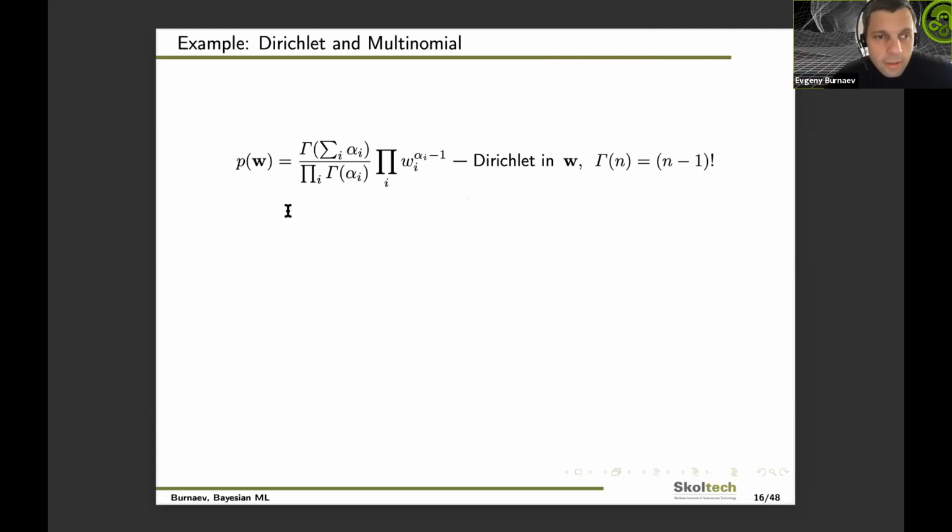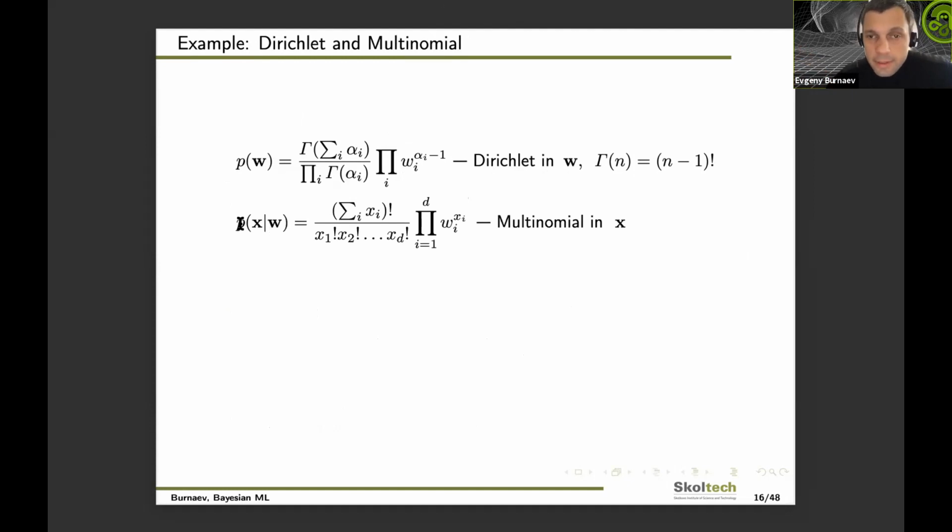Let's consider the example. Imagine that the prior distribution on W is given by the Dirichlet distribution. The density of the Dirichlet distribution is given by this formula.